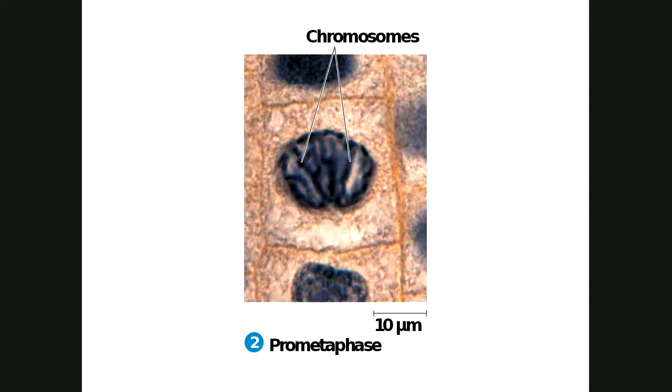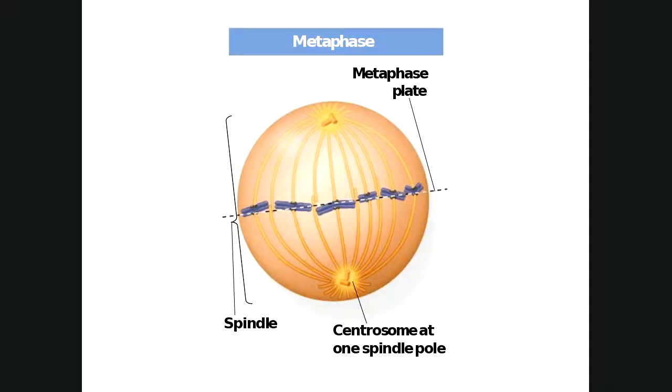So in the next stage, what happens is these pairs of sister chromatids, or this chromosome, they're going to migrate. They're going to move until they line up on the middle of the cell, this thing called a metaphase plate. Now, metaphase plate, it's imaginary. Sometimes it's called a cell equator. But the chromosomes, those 6 chromosomes, are going to line up along that metaphase plate. They're going to get in the middle.